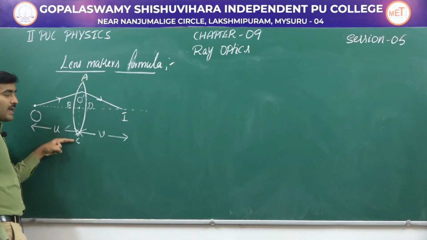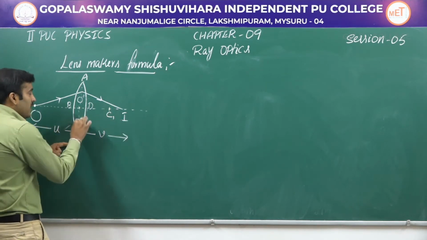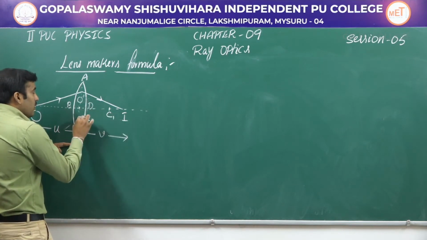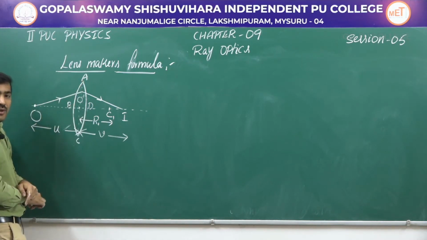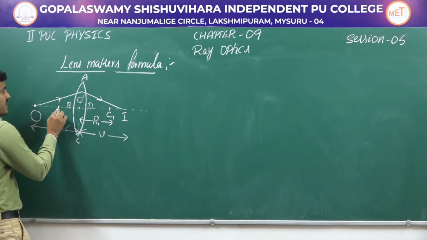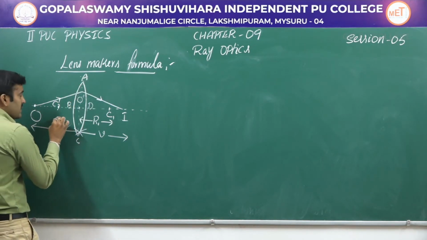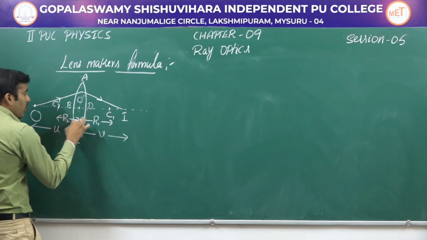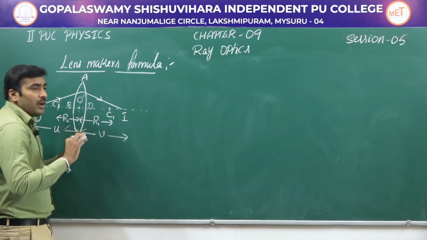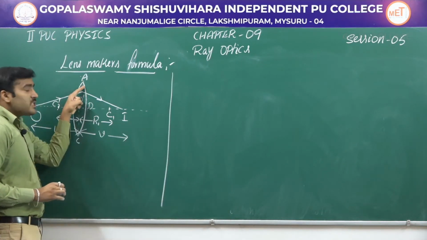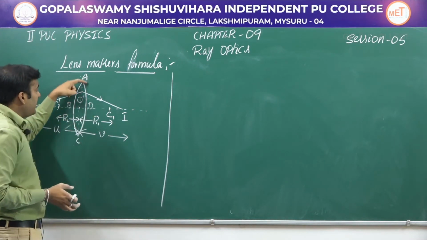So for this surface ABC, here we have a center of curvature C1. Therefore, the distance from optical center to the center of curvature is R1, which is the radius of curvature for the first spherical surface. And somewhere here we have a center of curvature for the second spherical surface ADC. Therefore, this distance is taken as R2. Okay. R2 is the radius of curvature for the second spherical surface. Now, I said that a lens is bounded by two refracting spherical surfaces, that is ABC and ADC.